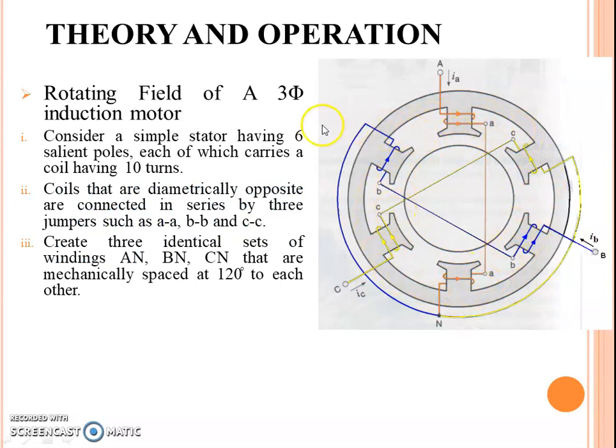It means you are creating a rotating magnetic field, with A, B, and C rotating 120 degrees from each other.